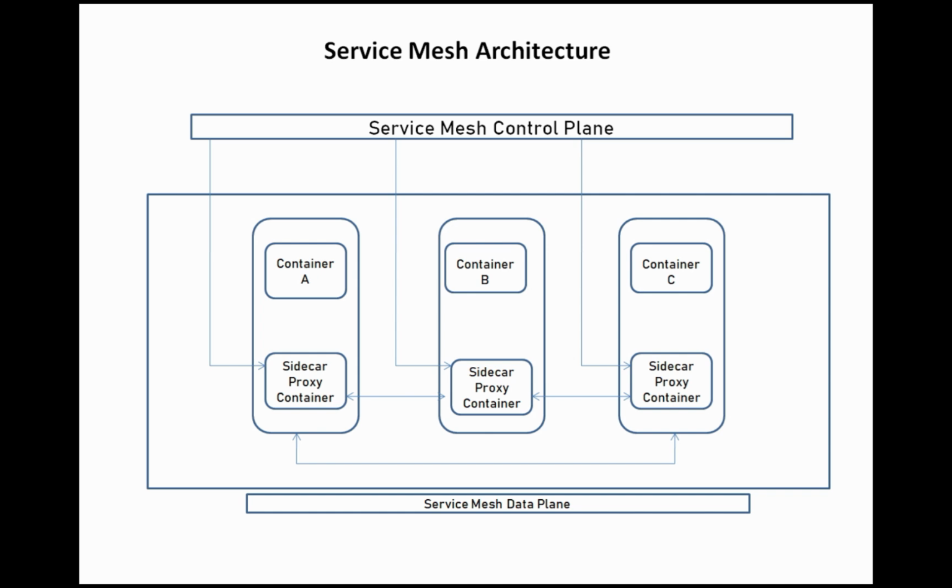So let's start with understanding the term service mesh. In this slide you can see a simple architecture diagram for a service mesh. A typical service mesh consists of a control plane and a data plane.